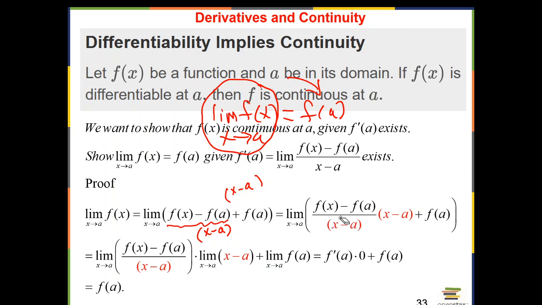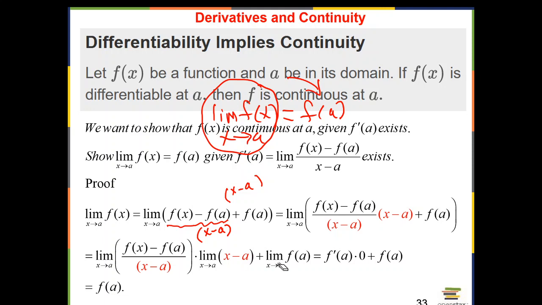Now why do we do that? Because now we can separate these two limits. Limit of this and limit of that plus limit of f of a, right? And remember we said that this, we assume this exists, right? And that would be f prime of a. Limit of this when x approaches a is 0, right?